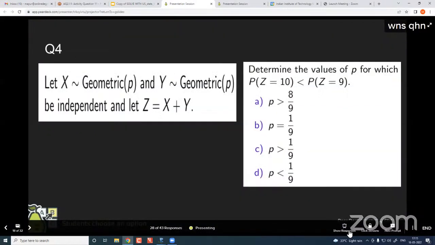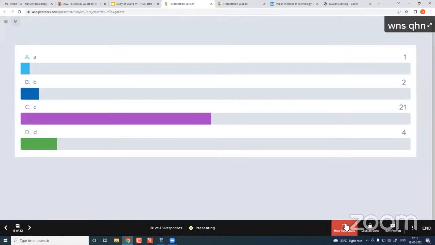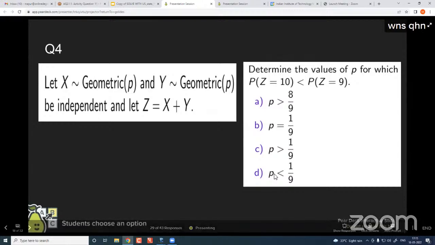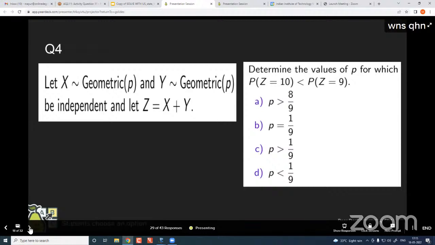Could be. We don't know. Okay. These are the only responses. So students have done it, right? We don't know whether this is correct or not. We'll see. Shall we proceed to the solution then? Yes, sir. Okay.